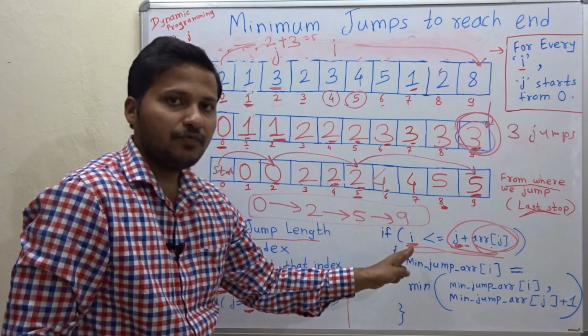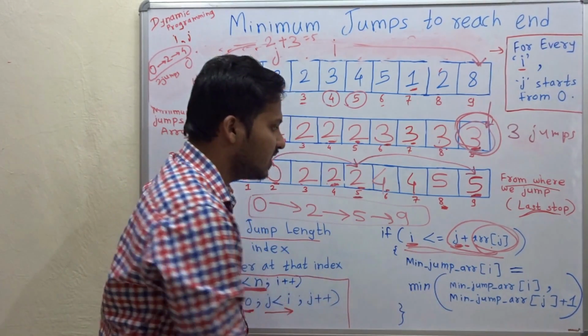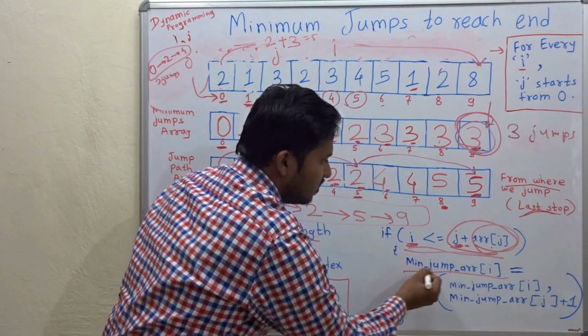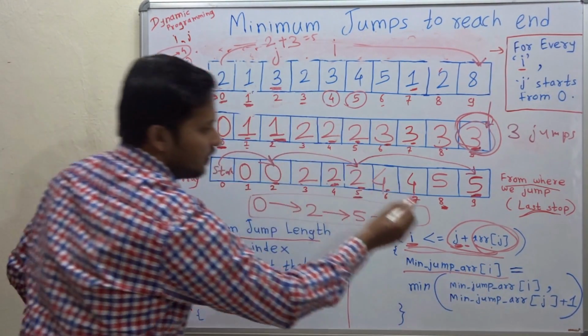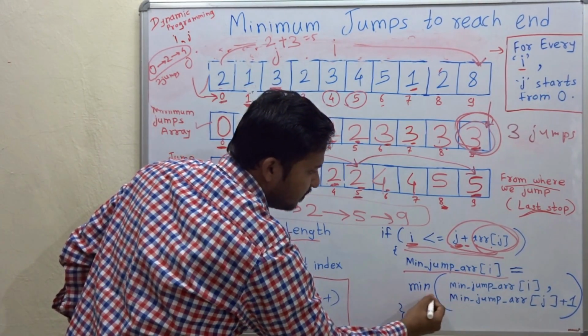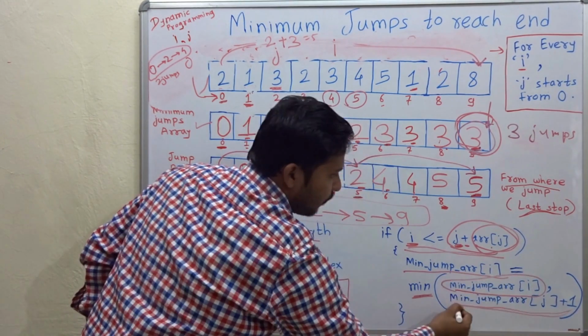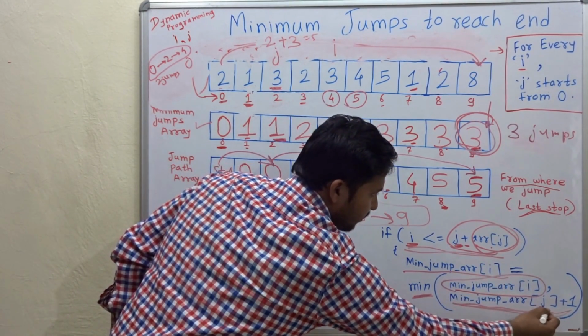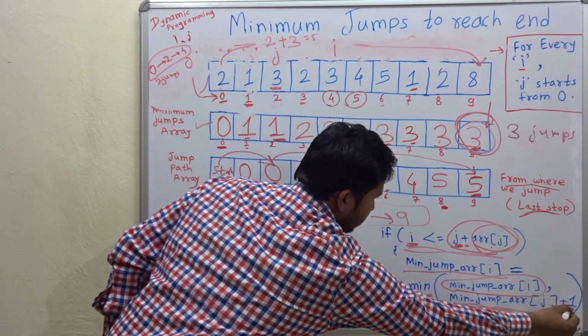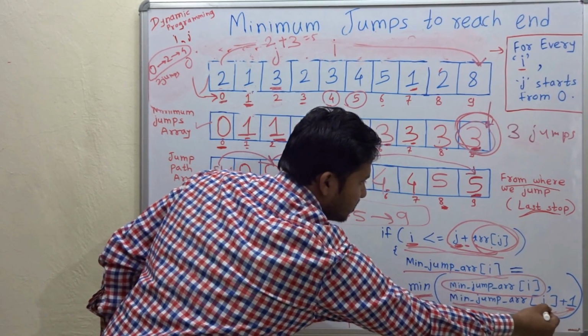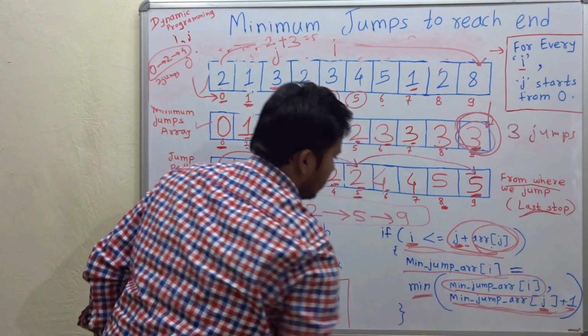Okay, and if it is in range, then we go inside, and as you know, in the minimum jump array, we fill the value which is the minimum of the original value there and the jump value from j plus 1. Minimum number of jumps to reach j plus 1.